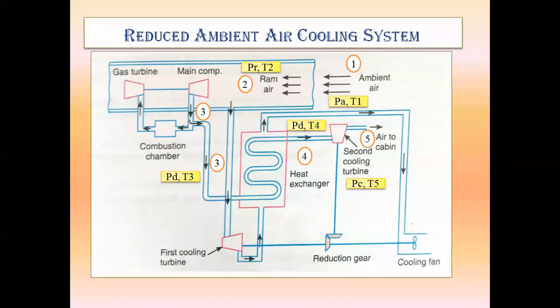It will not be possible to cover the line diagram as well as the TS diagram of the reduced ambient air cooling system within 5 minutes, because you know how much time is required to explain the line diagram as well as draw the TS diagram. So we will take those two systems, reduced ambient air cooling and regenerative air cooling, during the next lecture.